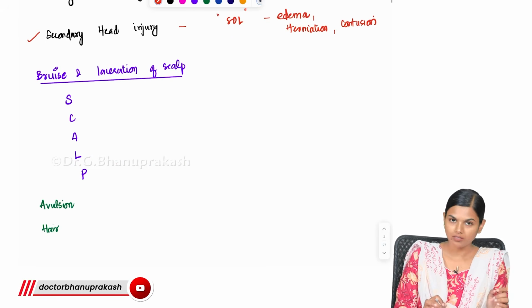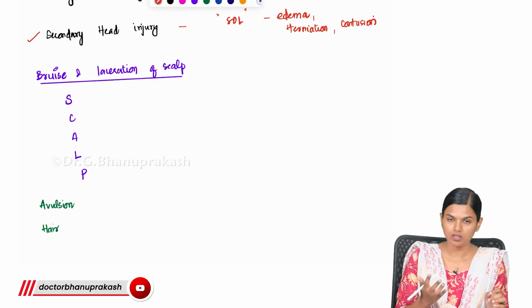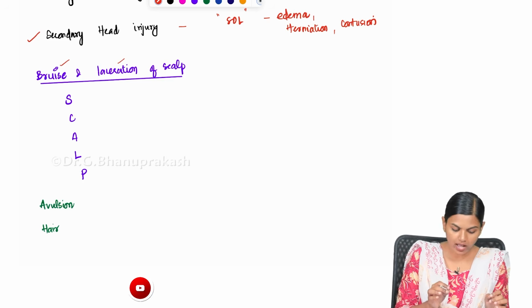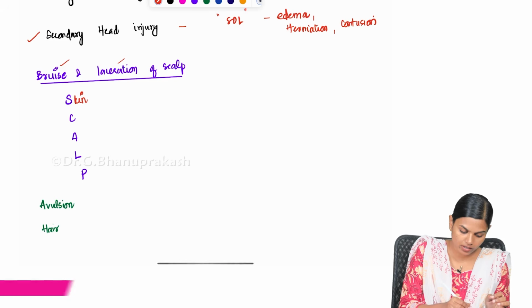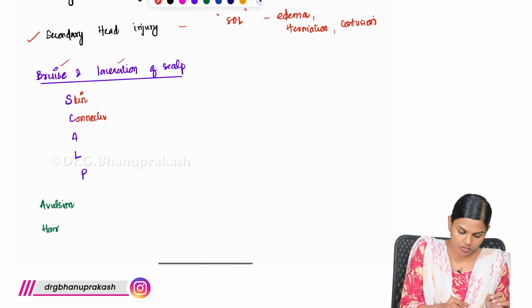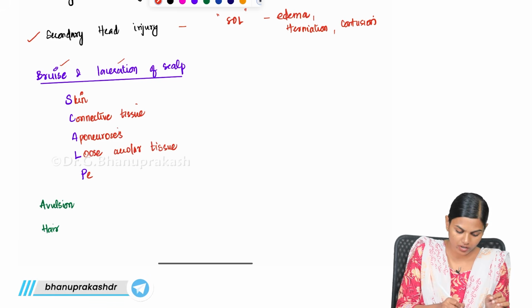Now, we will start with the scalp. The most common injuries you will see in the scalp are bruise and laceration. The scalp consists of these layers: the skin, connective tissue, aponeurosis, loose areolar tissue, and the periosteum.